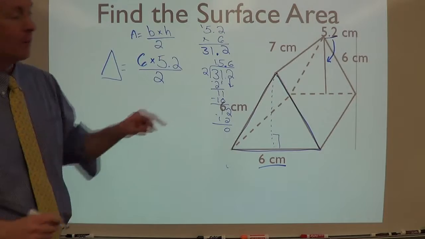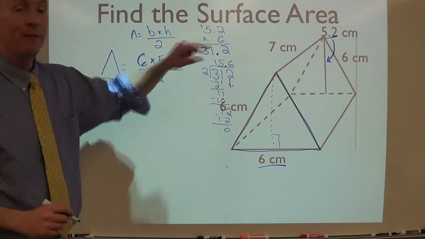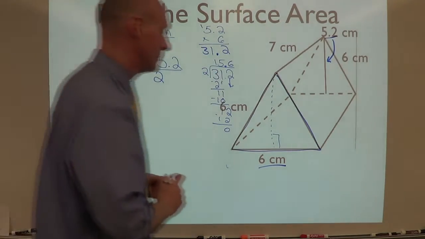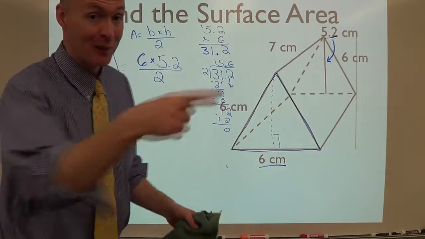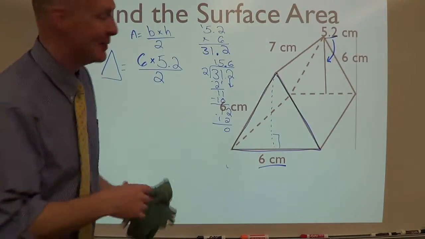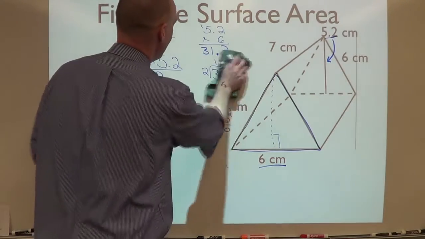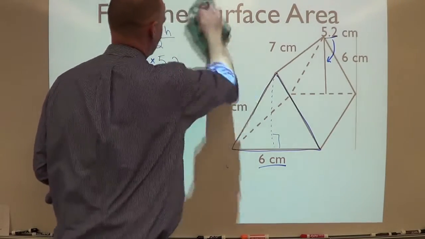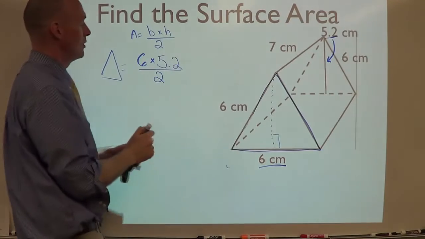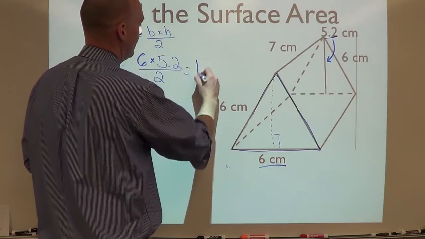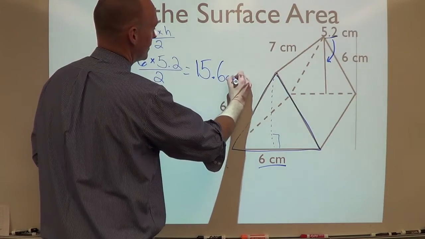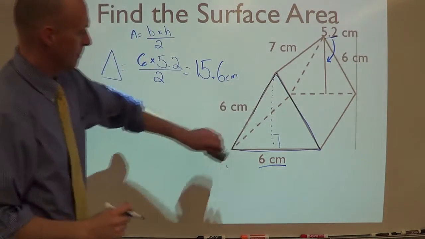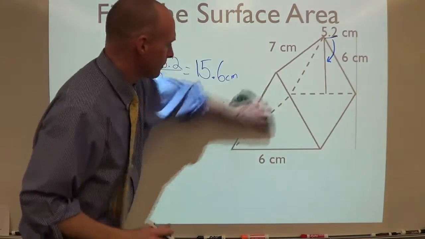So I now know that the area is going to be 15 6/10. Now you don't erase your work, but I need some room, so I need to erase my work. So I know the area of that triangle is going to be 15 6/10 centimeters. Perfect. So there's the front.